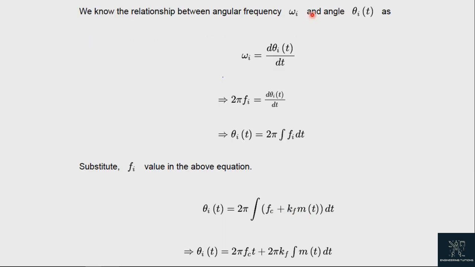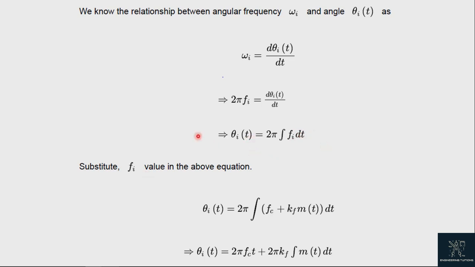We know the relationship between angular frequency ωi and angle θi as ωi = dθi/dt, and we know the relationship between angular frequency and normal frequency. Hence, rewriting the above equation, we get 2π fi = dθi/dt. Rearranging this equation, we get θi = 2π ∫fi dt.